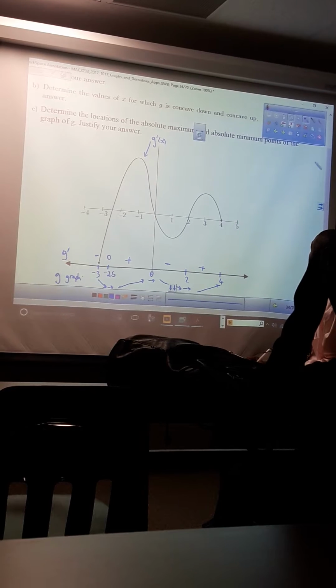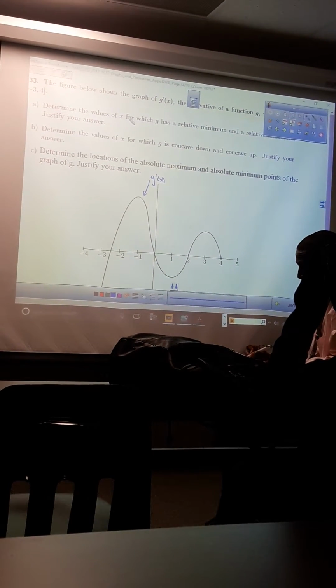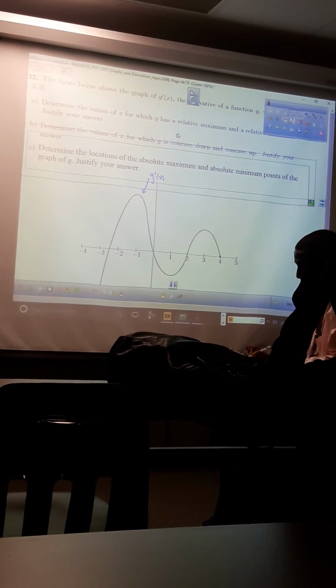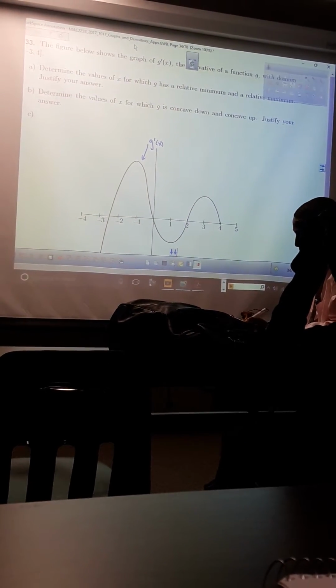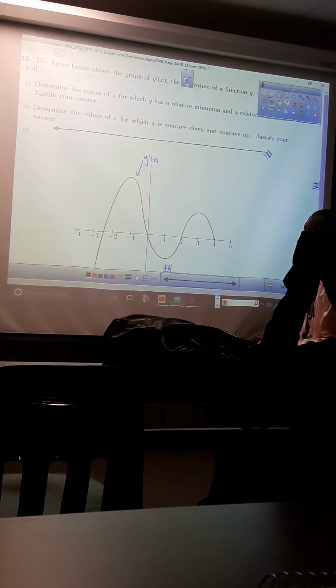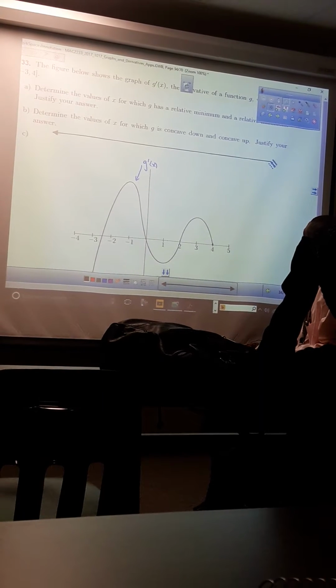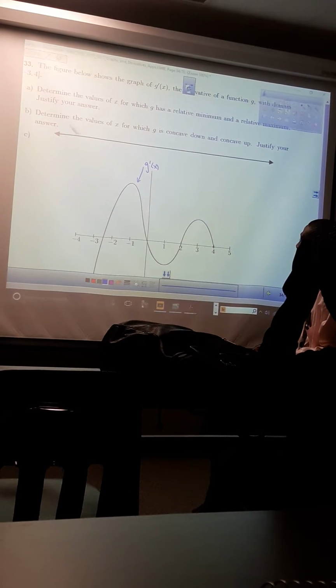All right? So I'm going to go up here and I'm going to do concavity. First, I'm going to remove this guy because I don't need it for this question. And I'm going to draw a line now, but this line is about concavity. This one is trickier than the other one before because we have to get the information from analyzing the graph.